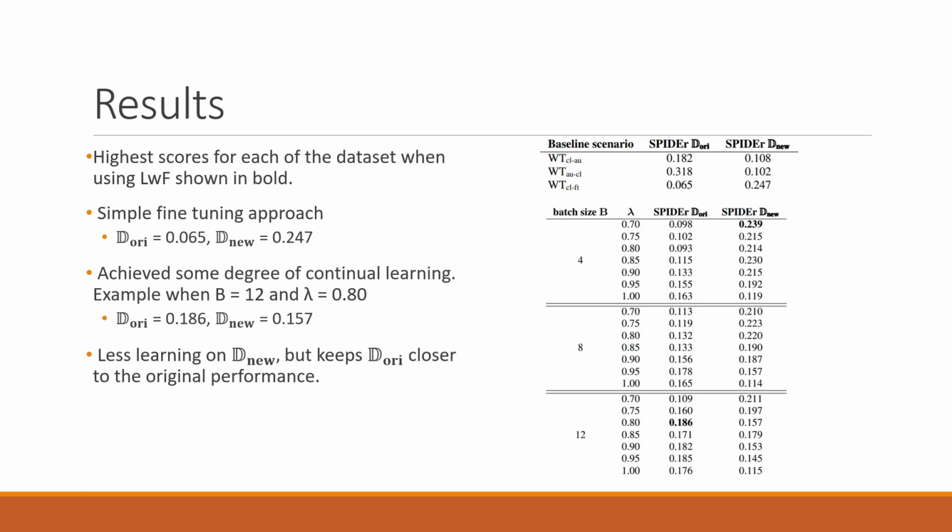The lower table shows the results when we used learning without forgetting, with different batch sizes and different values for lambda. For example, when you look at the scores when batch size was 12 and the lambda was 0.8, we managed to get SPIDEr scores of 0.186 for Clotho and 0.157 for AudioCaps.